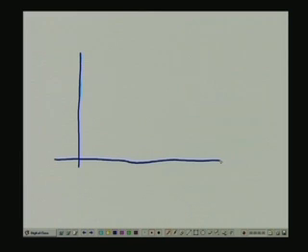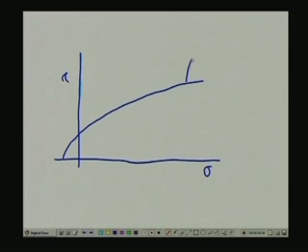So what I mean by that is, say you have tau versus sigma plotted for a series of triaxial tests, and then you might get a failure envelope which is not linear.